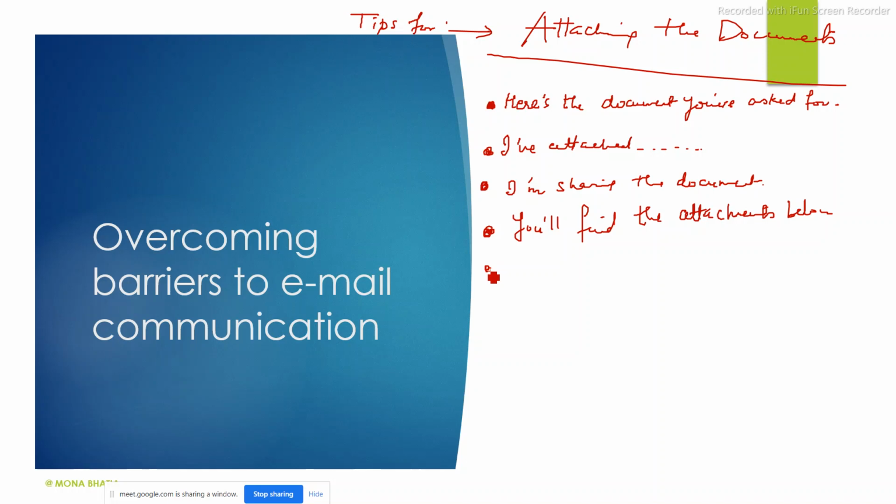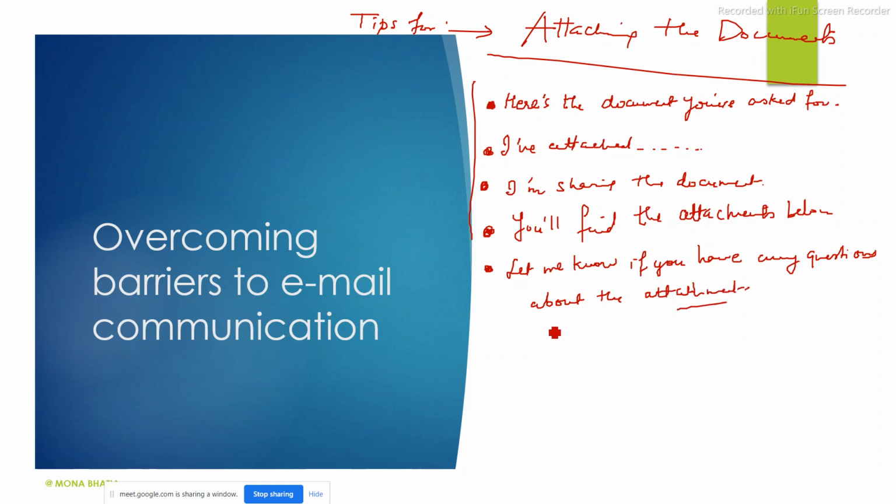Then, अच्छा, after you have attached, you don't want to write anything like this, but you say, "Let me know if you have any questions about the attachment." इससे क्या हुआ? That means you are already telling that person that there is an attachment in this email.